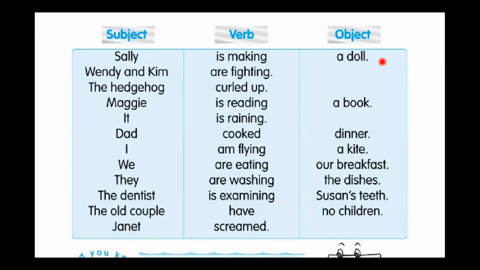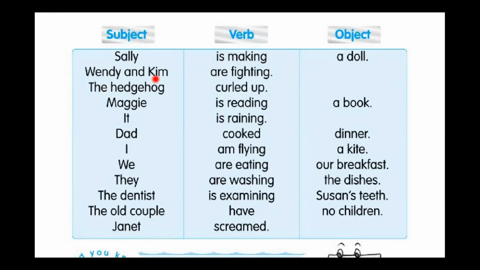And object, a doll. Very good. What is is over here? Helping verb. And make is the verb. M-A-K-E, make becomes making. Present continuous tense. Is, am, are plus verb plus ing. So this is the present continuous tense.